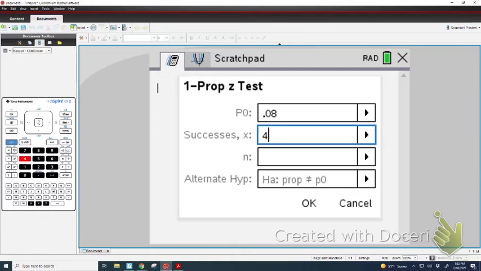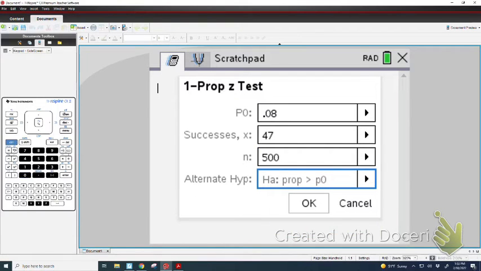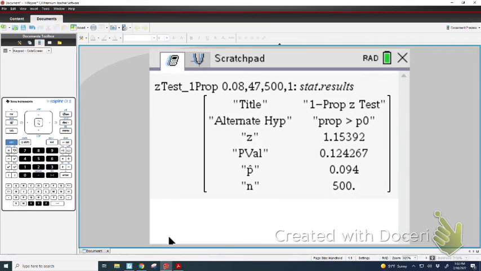There were 47 potatoes with blemishes, 500 potatoes, and we suspect greater than. And some people just naturally write everything down. This calculator is kind of nice because it tells you p-val for p-value. Notice right below it, it says p-hat. There's a tiny little hat over it. That's our sample proportion. And then n, and z. Make sure you write down z.